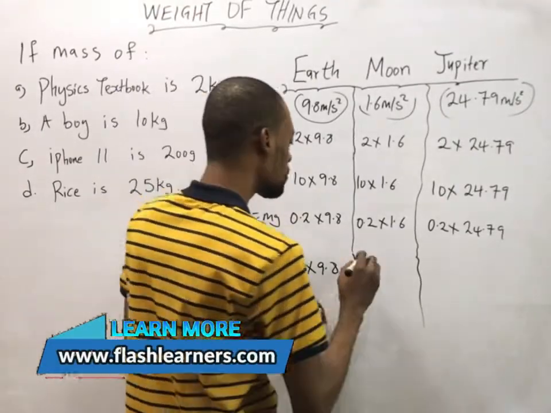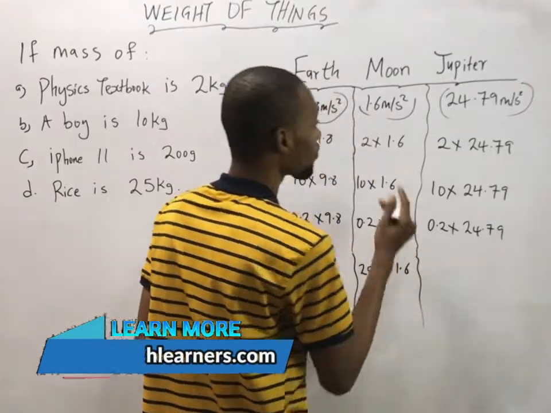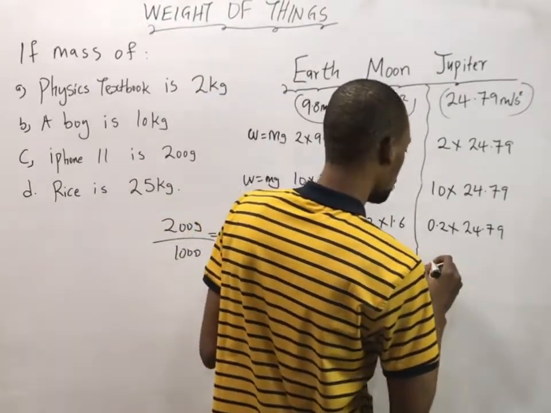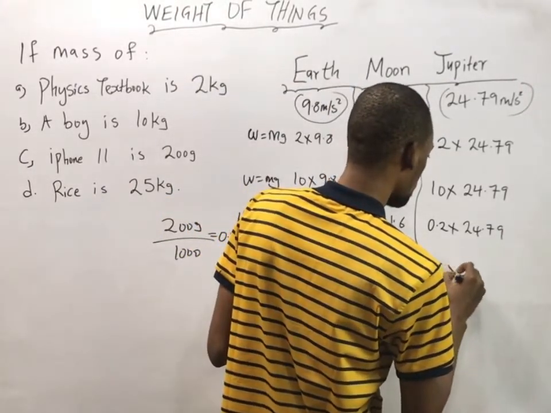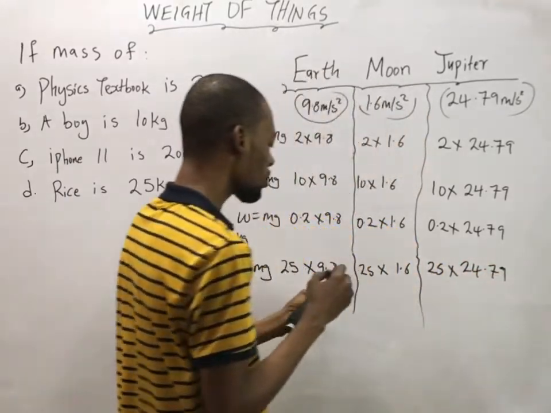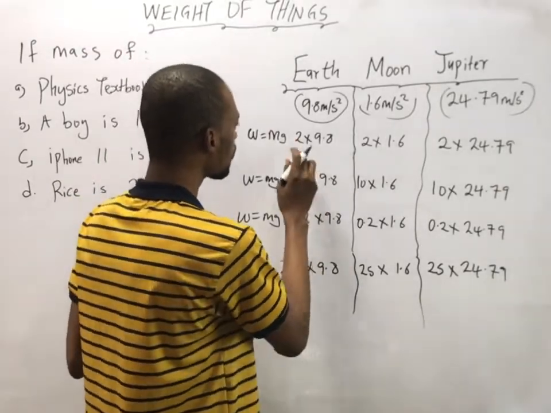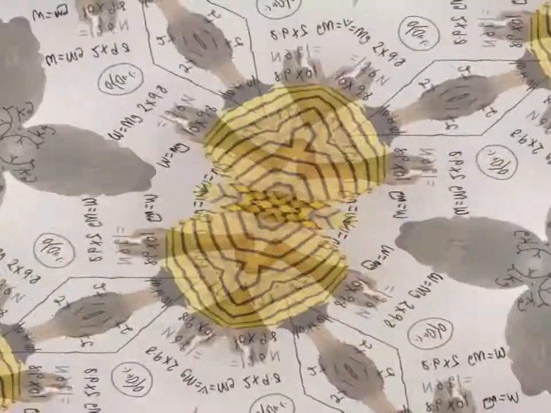On the moon it will be 25 kg times 1.6. On Jupiter it will be 25 kg times 24.79.